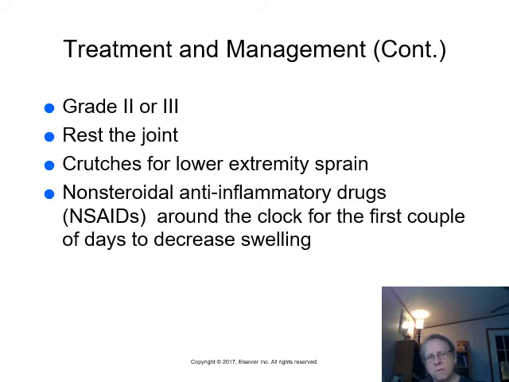But once again, remember, these NSAIDs need to be given with food because they can be hard on the stomach, and making sure that they space them out every 4 to 6 hours. So there's a maximum amount that you can take in a 24-hour period. So make sure you are teaching the patient about that as well.